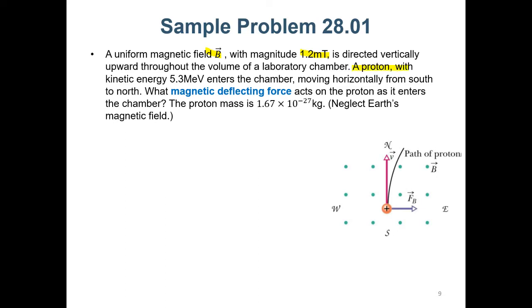A proton with kinetic energy 5.3 MeV enters the chamber, moving horizontally from south to north. What is the magnetic deflecting force acting on the proton as it enters the chamber? The proton mass is given. Neglect the Earth's magnetic field.